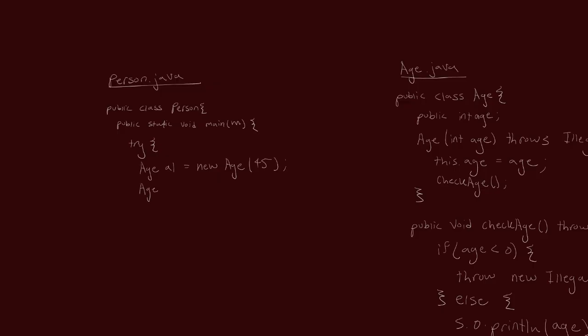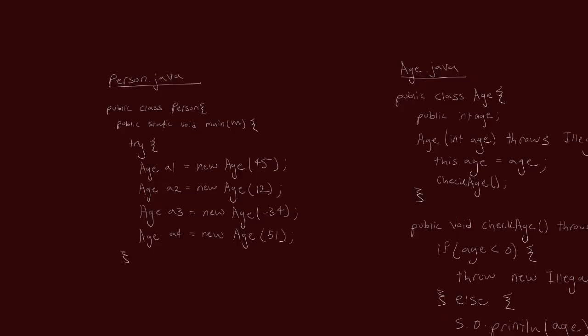Then we do age a2 is equal to new age, and we'll do 12. Then we do age a3 is equal to new age, and we'll do minus 34. Age a4 is equal to new age, and we'll put 51.